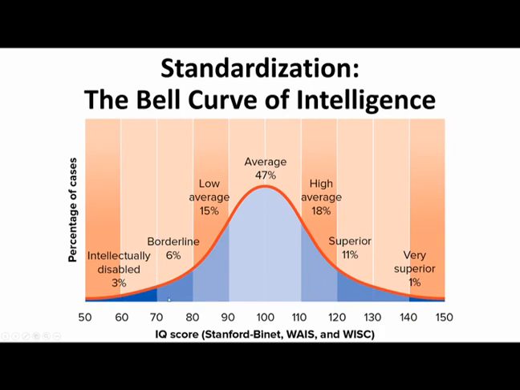You can break down all these little sections. And so this standardization, this background of norms, allows us to look at how an individual would score compared to the rest of the population. If someone tells you that they have an IQ of 120, then you know how they compare to the rest of the population based on our standardization here.